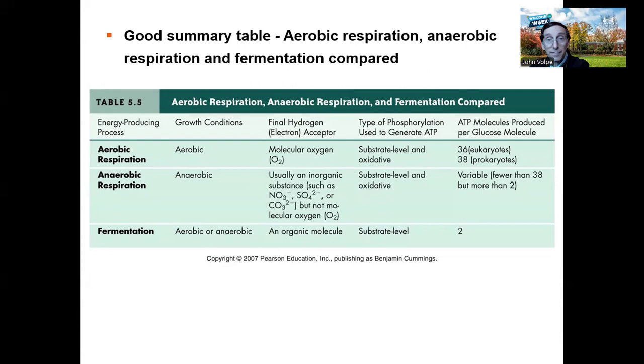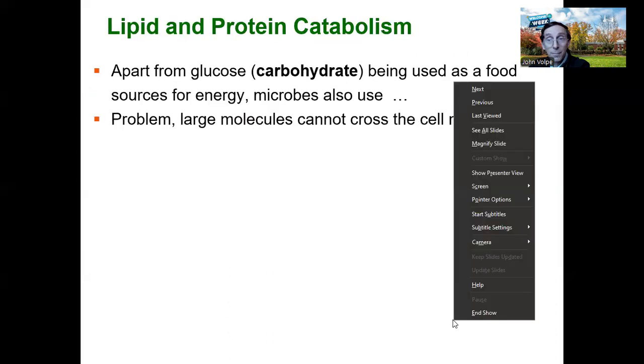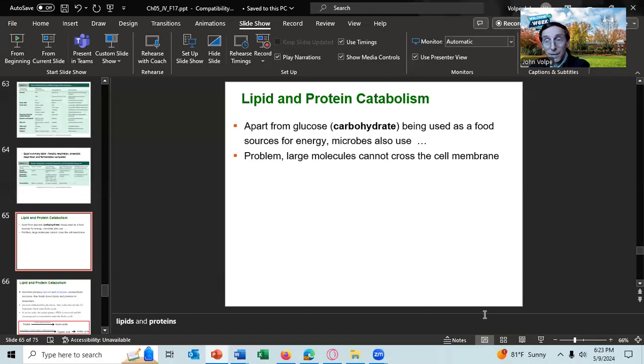Anaerobic respiration is the next most efficient, more than 2, but fewer than 38. How many ATP you make depends on the form of anaerobic respiration. And then fermentation only generates 2 molecules of ATP. Any question about any of that?